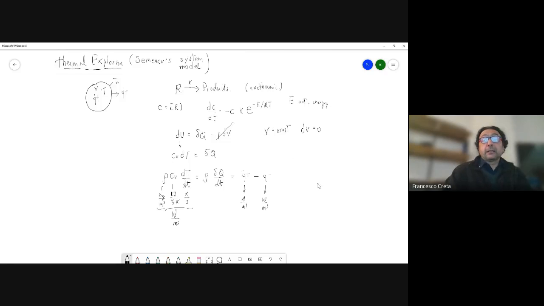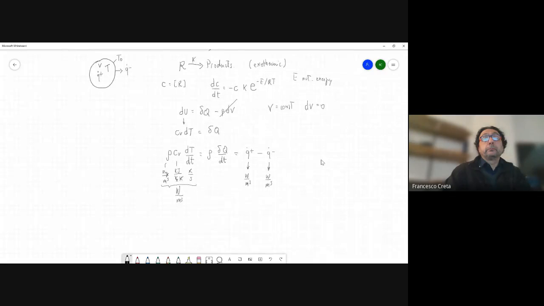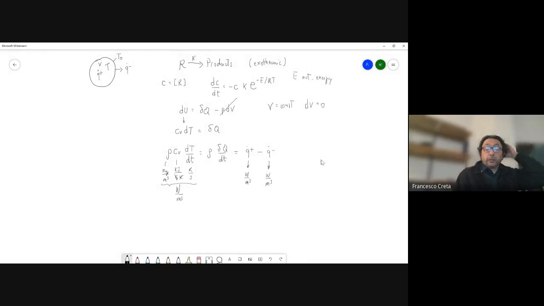So that's our equation regulating the temperature. Of course, now we have to somehow express the right-hand side. We have to express Q plus and Q minus. How do we express that?